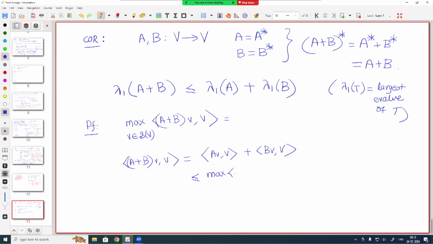Av comma v is a particular number, it is less than or equal to Ax comma x where x ranges over the unit sphere. Likewise, Bv comma v is some particular value of this function, so that is also less than or equal to Bx comma x as x ranges over the unit sphere, and that is your inequality.